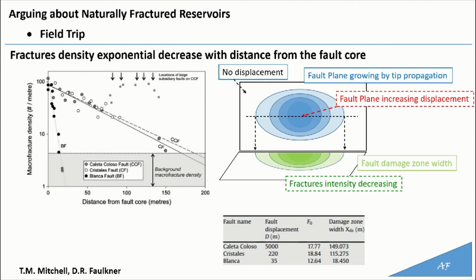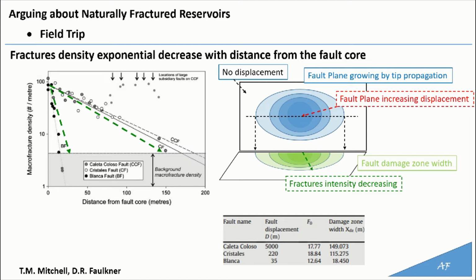Here we have on the left a graph extracted from a paper of Mitchell and Faulkner. It shows the fracture density versus the perpendicular distance from the fault core of three faults located in the same geological context. They have a well-defined exponential decrease with distance from the fault core.